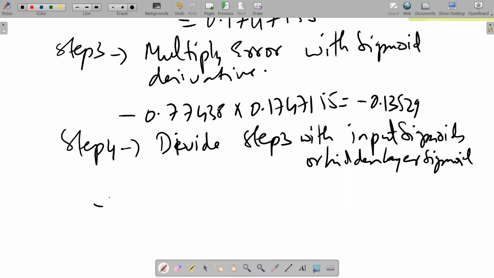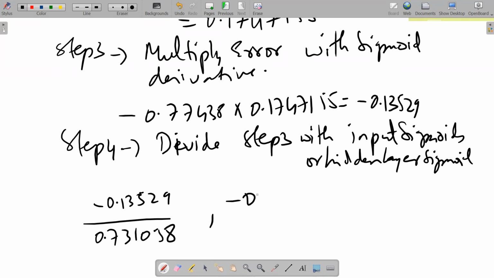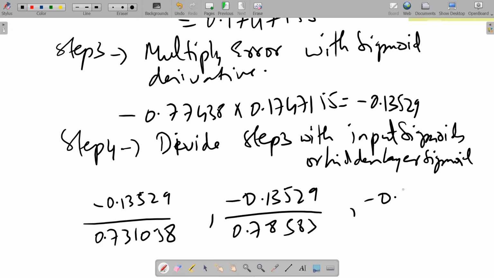That means minus 0.13529 divided by 0.731058, minus 0.13529 divided by 0.78583, comma, minus 0.13529 divided by 0.689974.